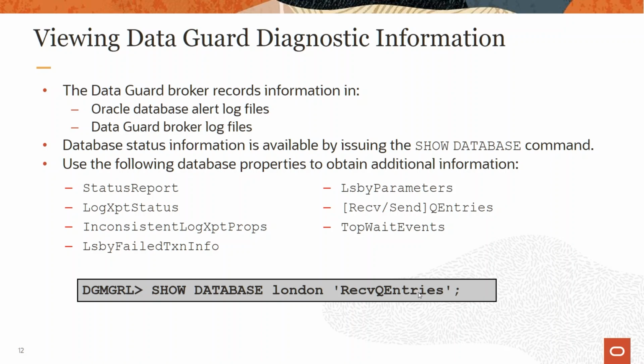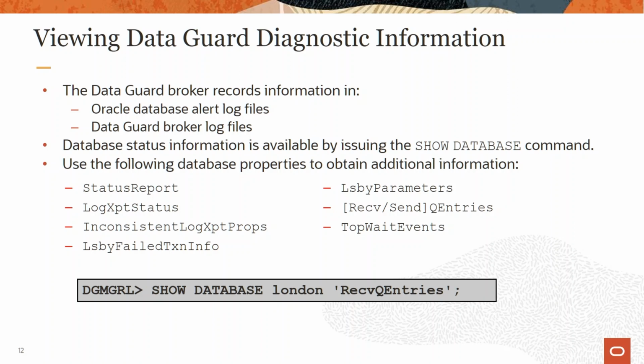So we had exactly the same scenario using Enterprise Manager. The same information is available. So with the show database command, you can actually specify different properties to display specific information.